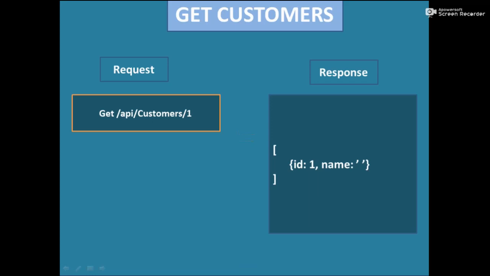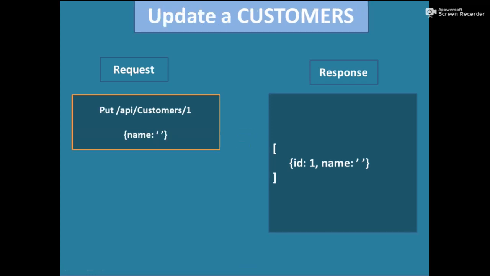Now to update a customer, we send an HTTP PUT request to this endpoint. Note that again here we are specifying the ID of the customer to be updated. We should also include the customer object in the body of the request. This is the complete representation of the customer object with updated properties.